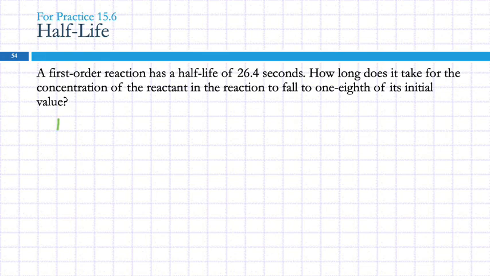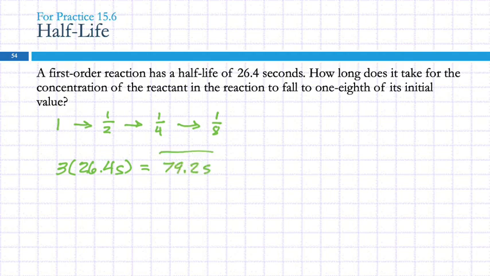At the beginning we had 1, then 1/2, then 1/4, then 1/8. Every half-life, it gets cut in half. So there's 1, 2, 3 half-lives, so 3 times the half-life, or 79.2 seconds. Any questions?